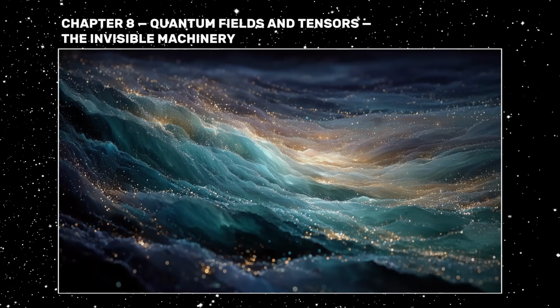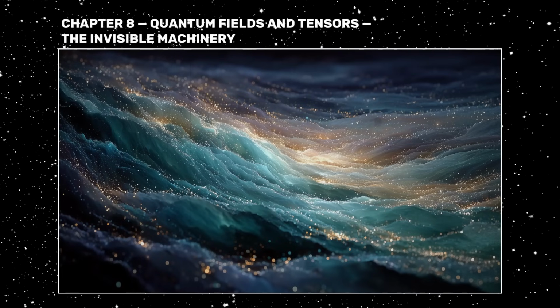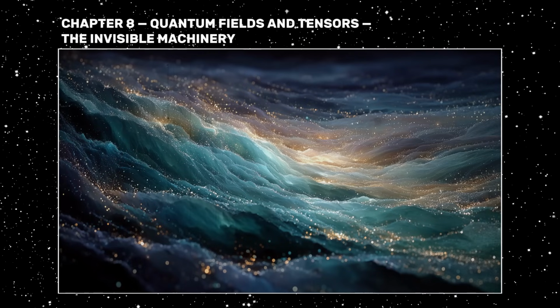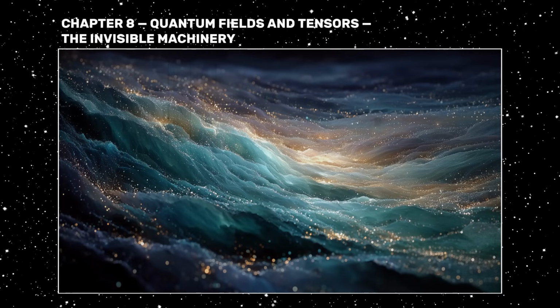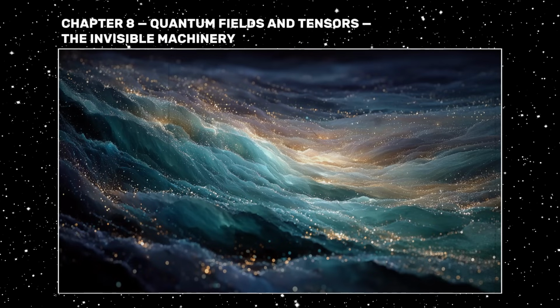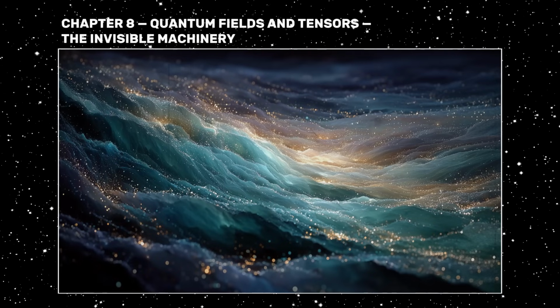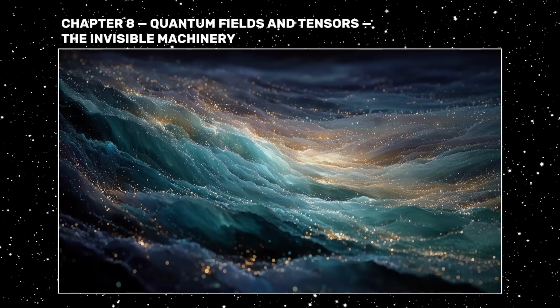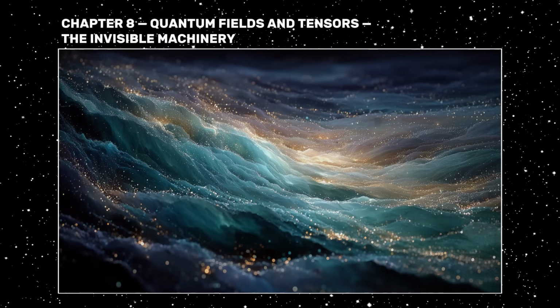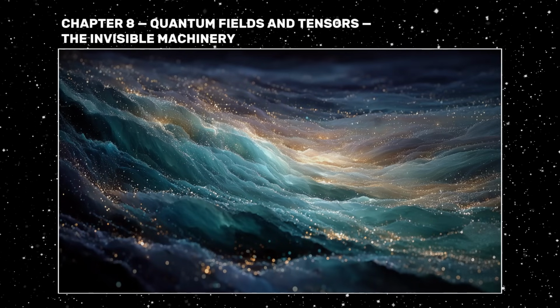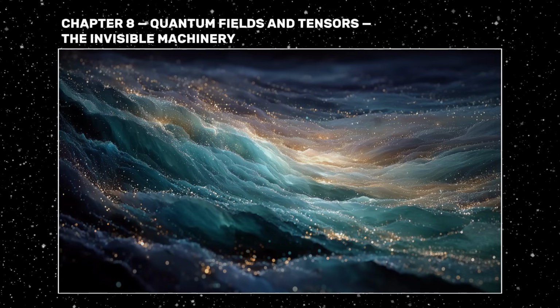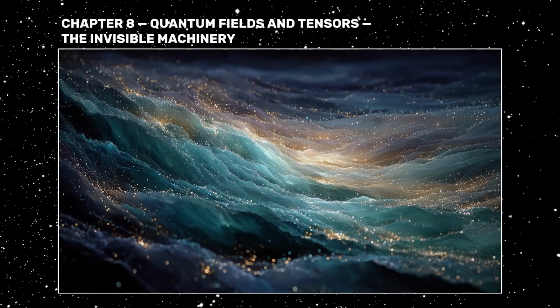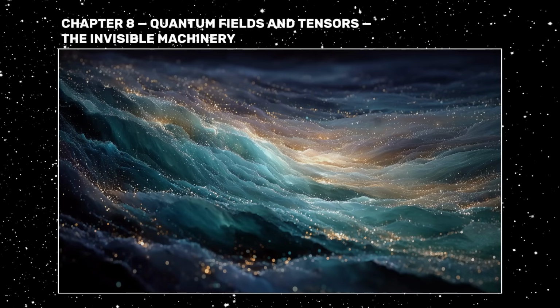Higher-rank tensor fields carry multiple indices and encode relationships among directions simultaneously. Writing the laws with tensors ensures that, although components change when we change coordinates, the underlying object, the physical field, remains the same.